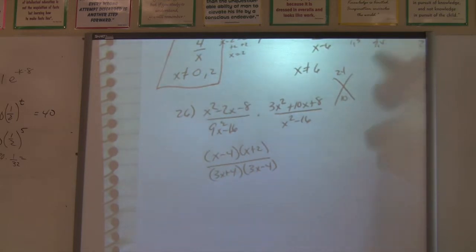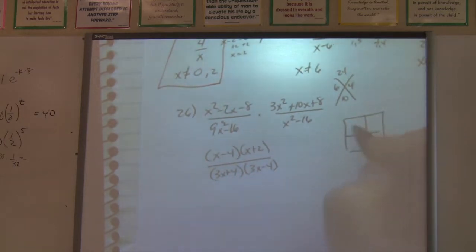So that would be 6 and 4. Have to build the box. So 3x squared plus 6x, 4x, and 8. This would be 3x plus 4 and x plus 2.